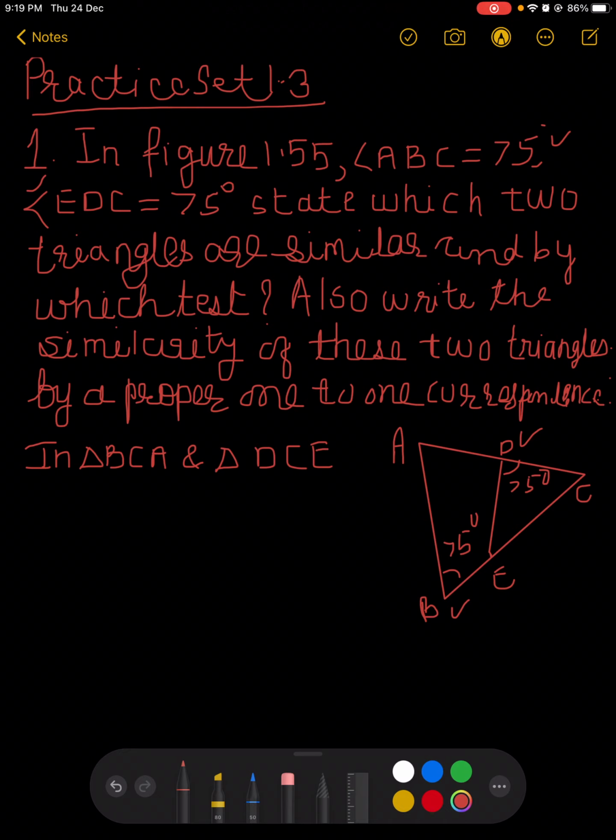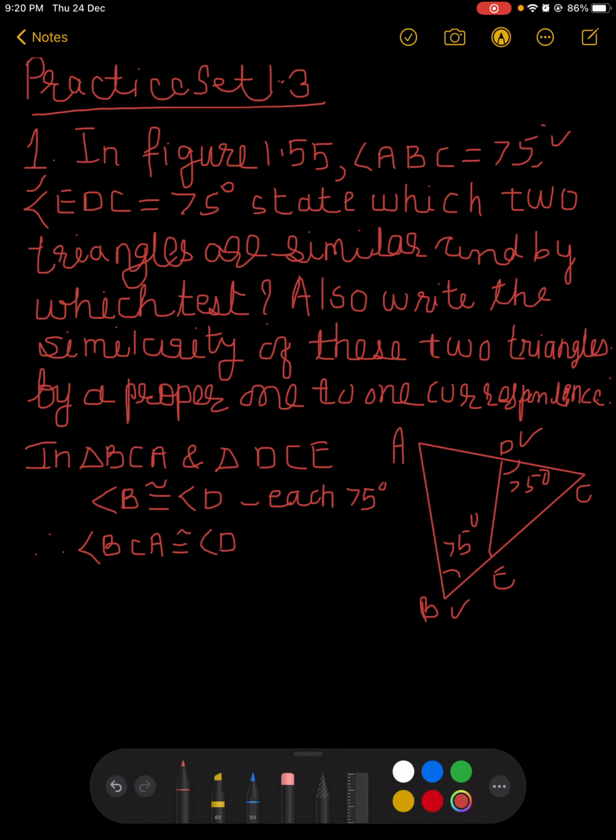a pair of congruent elements. Number one, angle B is congruent to angle D. Why are these two angles congruent? The two angles are congruent because each has measure 75 degrees, B and D. Then the second pair: angle BCA is congruent to angle DCE.